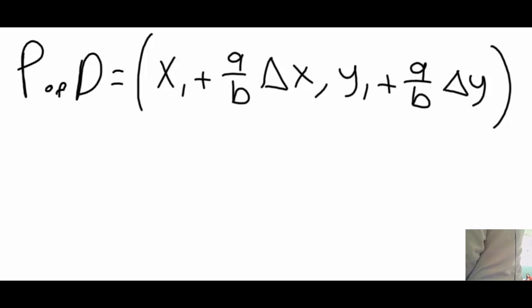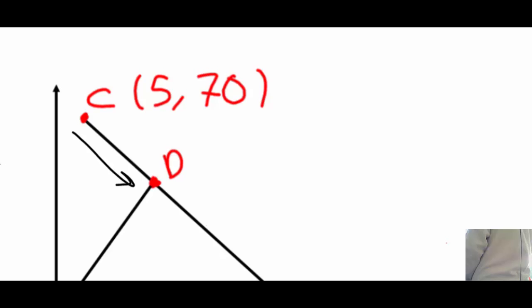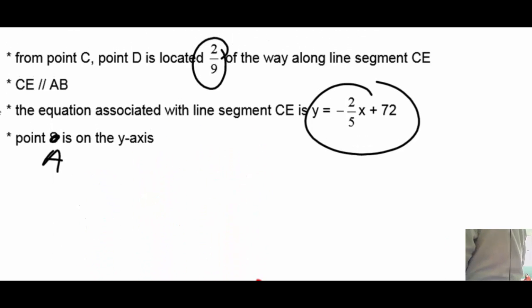Which one is x1, which one is y1? Let's go back to the question. We are going to divide from point C, and the line segment, as you can see, says CE. We did practice this before.